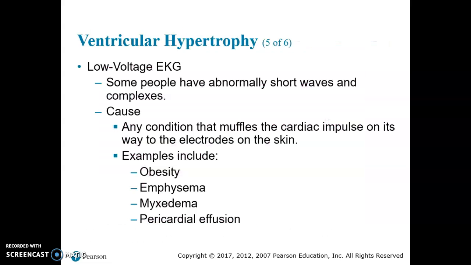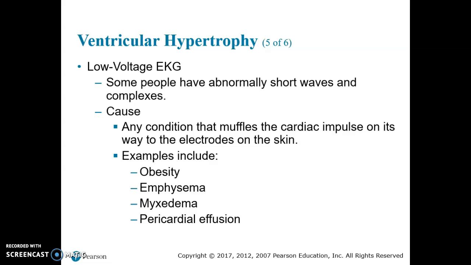Scrolling on down, with ventricular hypertrophy, we can see a low voltage EKG. Some people have abnormally short wave complexes from any condition that can muffle the cardiac impulse between the electrodes on the skin.